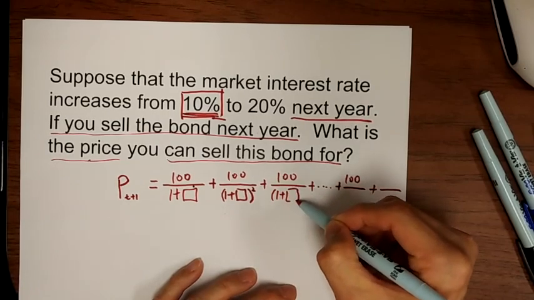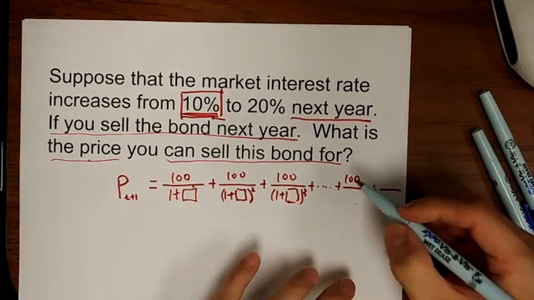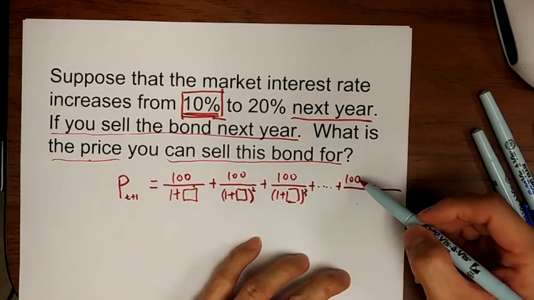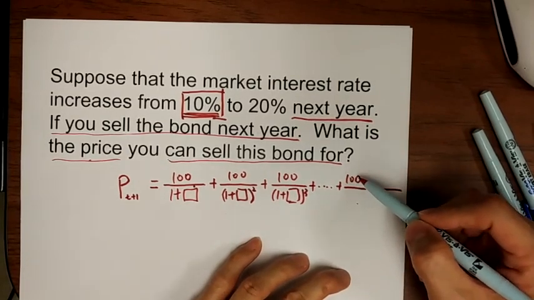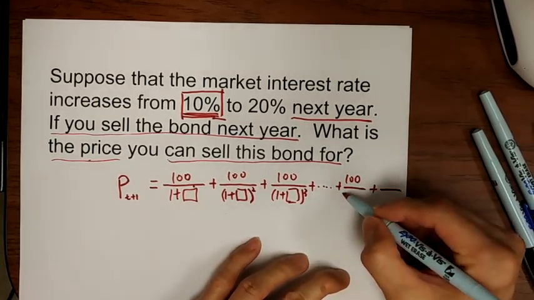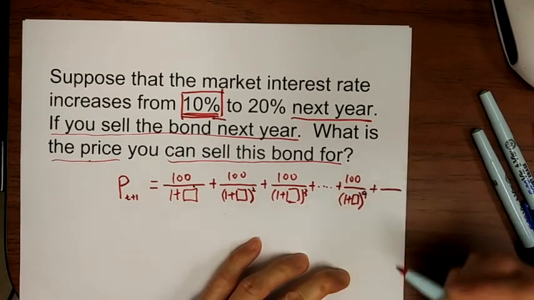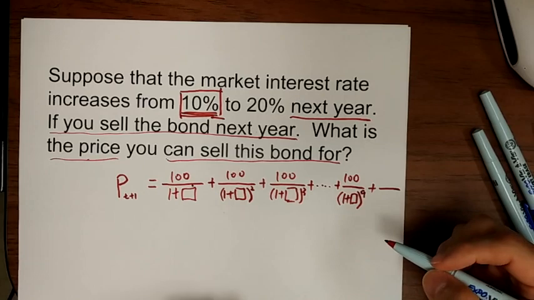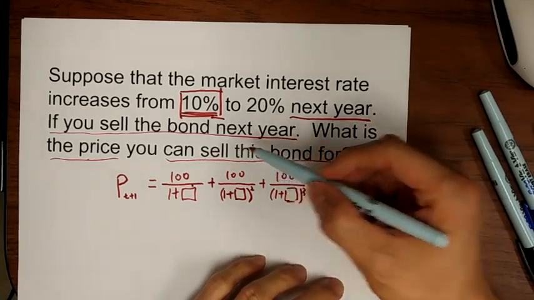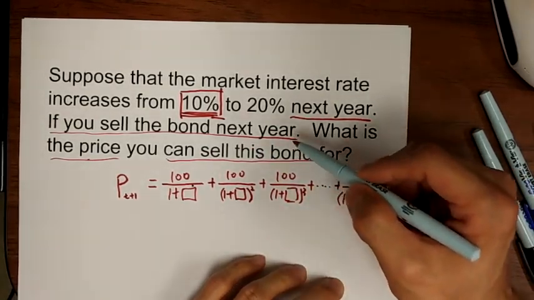Same thing, you discount it 3 times. When is he going to get this last coupon payment? The answer is 9 years from the time he purchases your bond. That is next year.